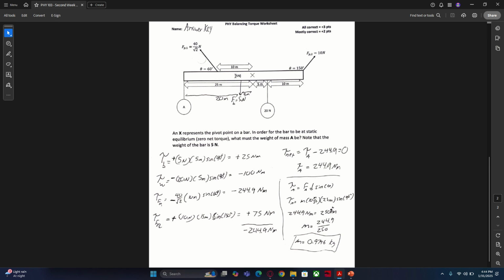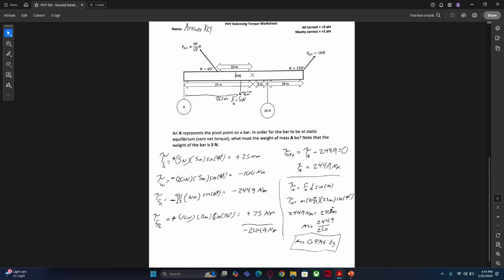The bar itself has a weight of 5 newtons, so its force of gravity will be in the center of our bar. The bar has the dimensions 25 plus 5 plus 10, so a total of 40 meters.